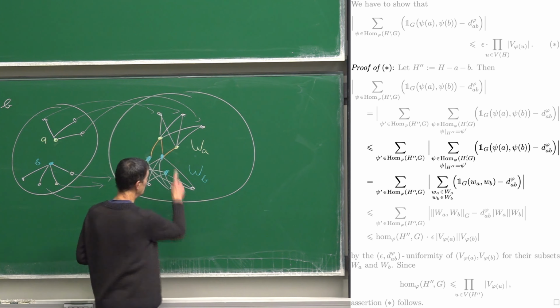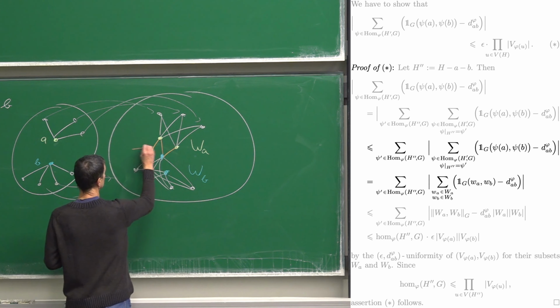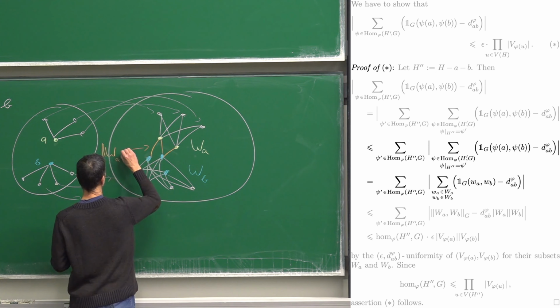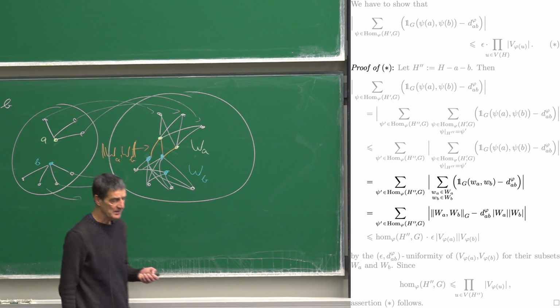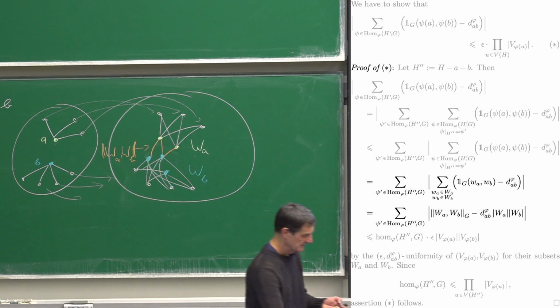Some of these are edges of G, some are not. So the number of those edges is e(WA, WB).